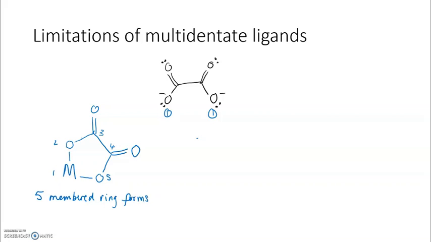Now you can see here that the other oxygens are far too far away from the metal ion in order to actually bond to it, and therefore they do not take part in the complex. So we've got this ligand acting as a bidentate ligand here, not a tetradentate ligand, because the other oxygen atoms just can't be brought in close enough to the metal ion in order to form a bond to it.